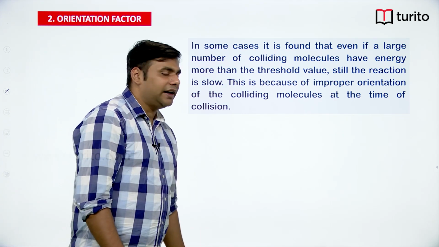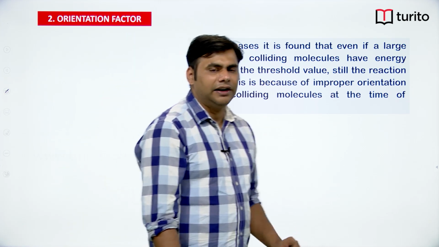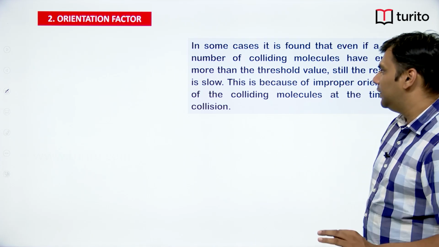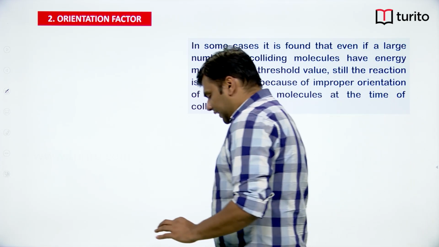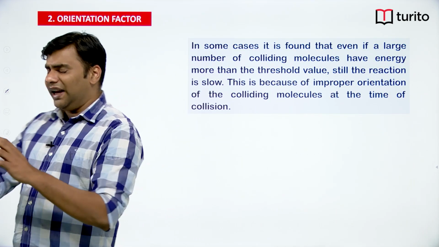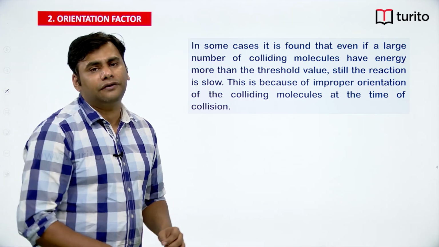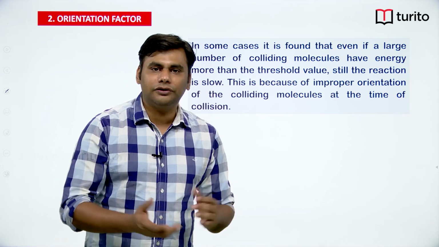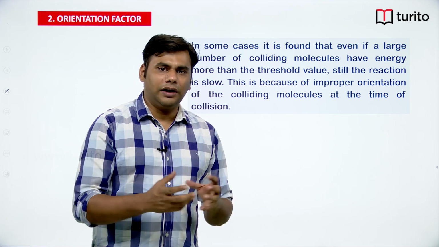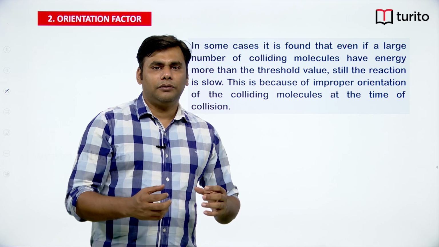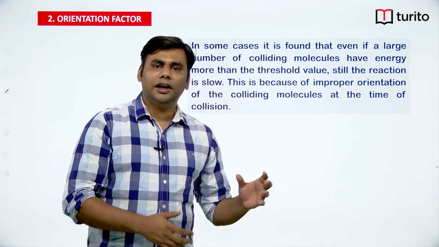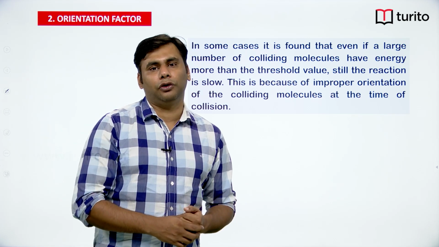So let us understand it through an example. This is a very easy, pictorial concept which can get into the head very easily. It says that the energy criterion alone is not sufficient to say that the collisions would be effective. The colliding molecules may have energy more than the threshold energy, but still it might not result in product formation.